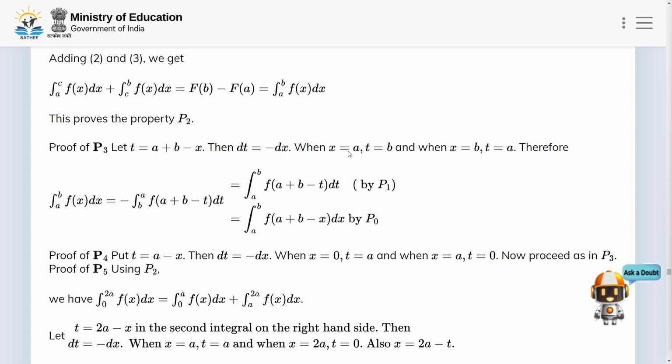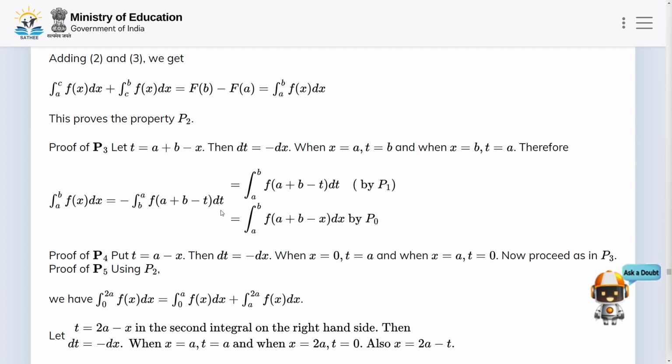This means if x is a, then t will be b. If x is b, then t will be a. This means the definite integral from a to b of f(x) dx can be rewritten as minus the definite integral from b to a of f(a plus b minus t) dt.